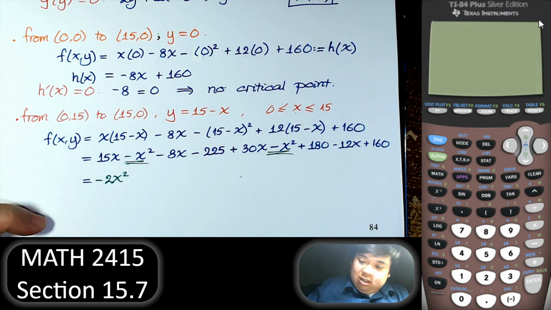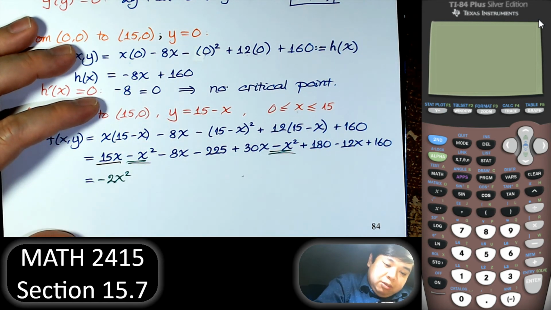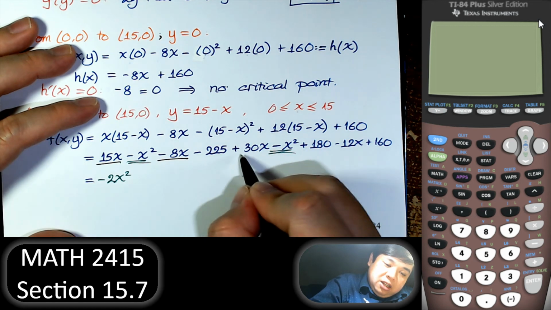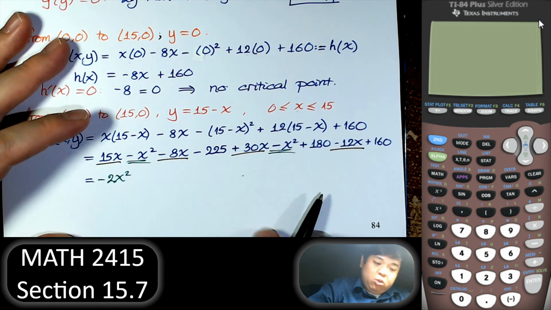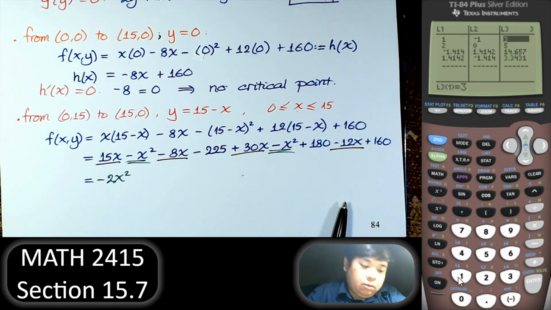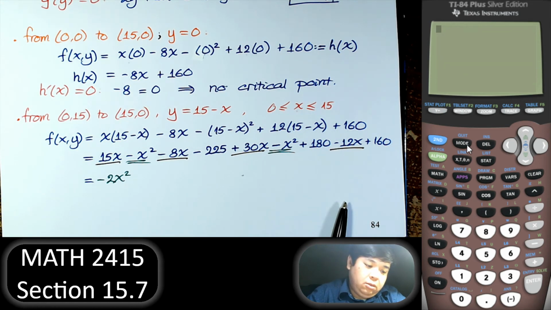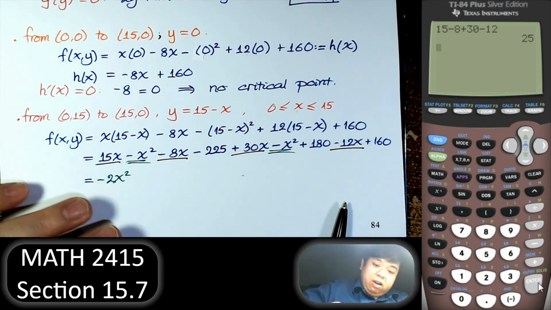How about x? 15x minus 8 plus 30 minus 12. 15 minus 8 plus 30 minus 12, that's 45x.